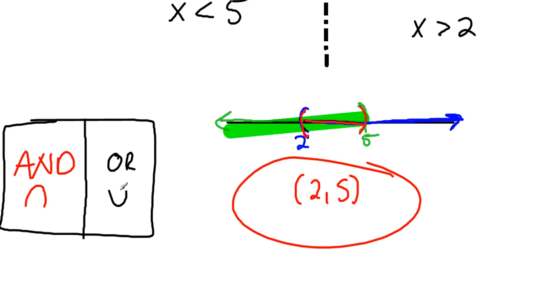Okay, before we show you one of those where it's a little bit different, let's do one more "and" statement that's a different way of looking at an "and" statement.